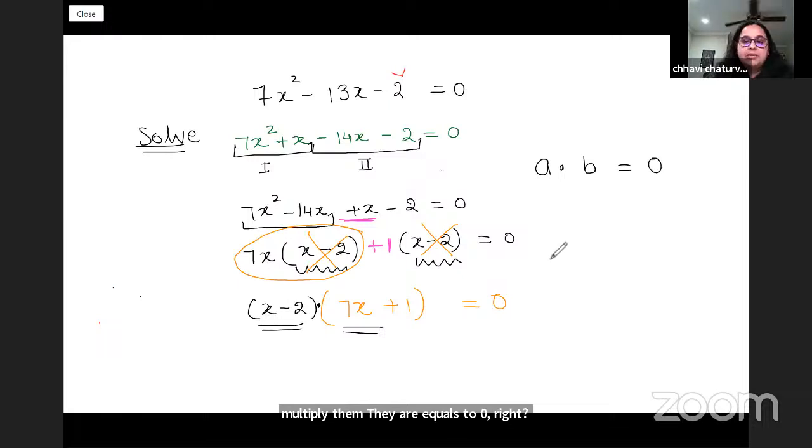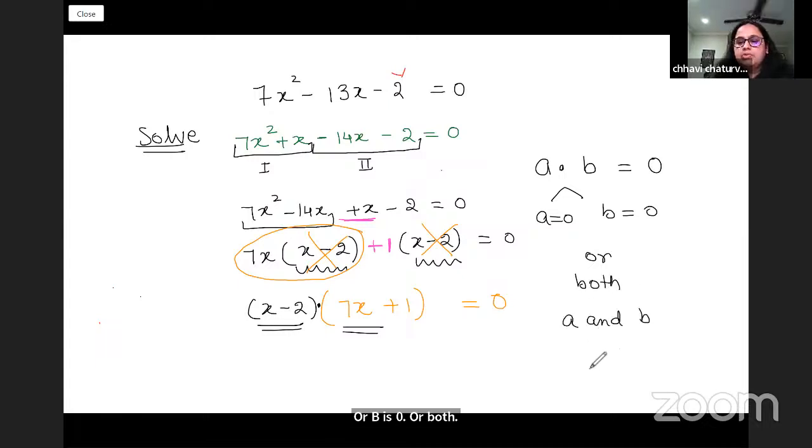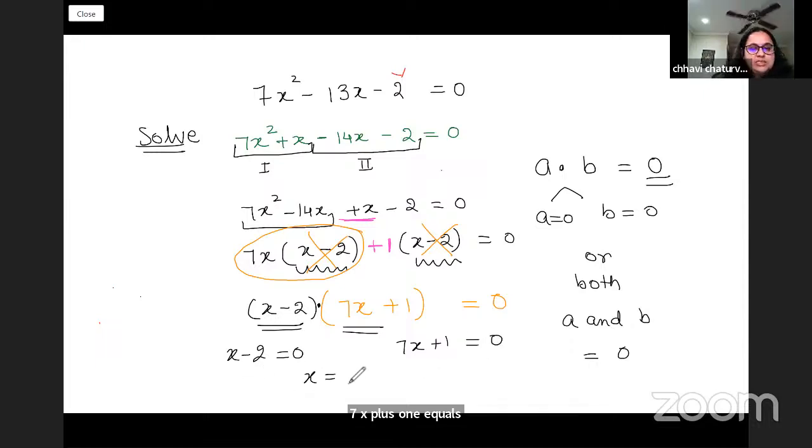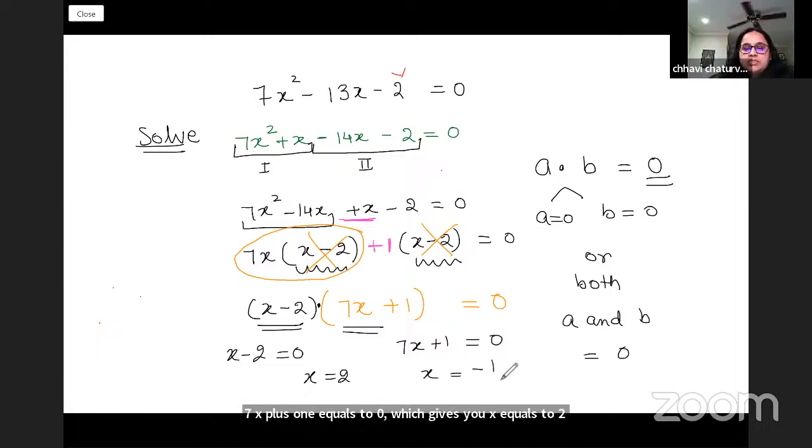If I multiply a and b and it equals 0, then either a is 0 or b is 0, or both could be 0. Because if you want to get 0 as an answer, something has to be 0. So let's put x minus 2 equals 0 and 7x plus 1 equals 0, which gives you x equals 2 and x equals, go ahead and calculate this, negative 1 over 7.